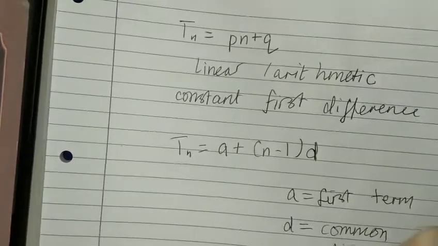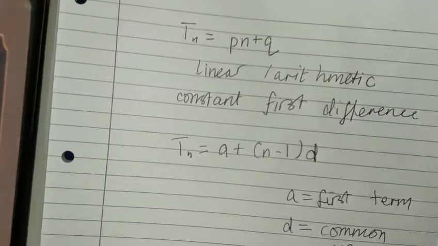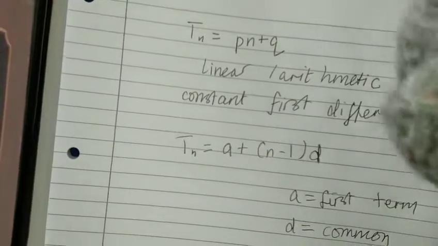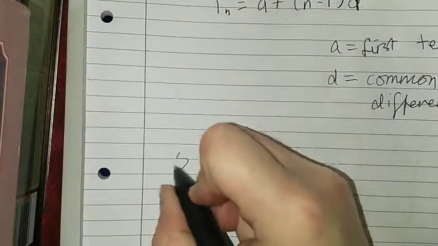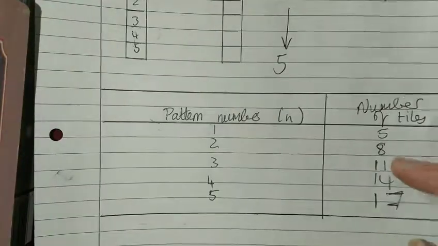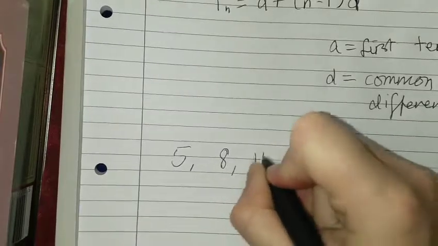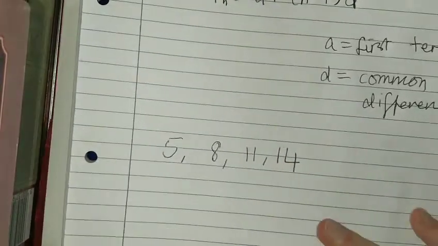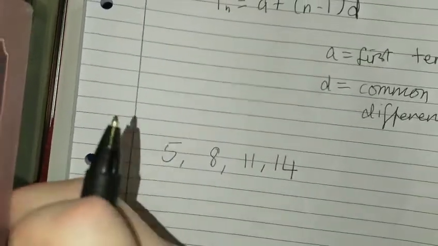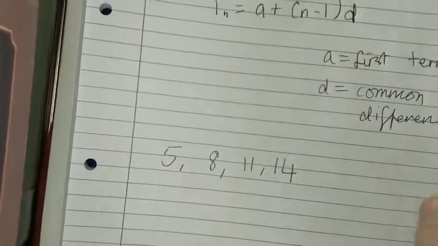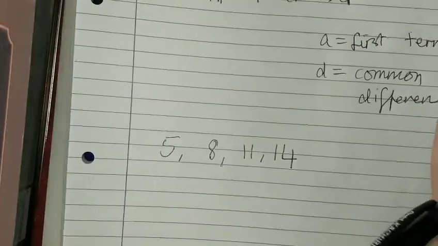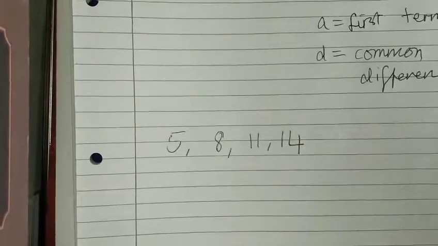We might not always be told that it's an arithmetic sequence, so I just want to show how we can actually tell. The number of tiles we got from this is 5, 8, 11, 14. If I want to get the common difference, just to make sure there is a constant first difference for it to be a linear sequence, I just have to get the difference between one term and the next.